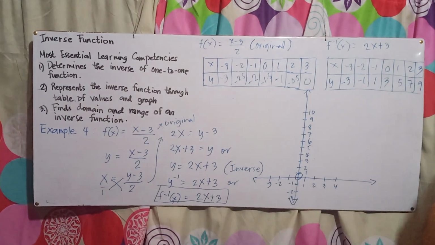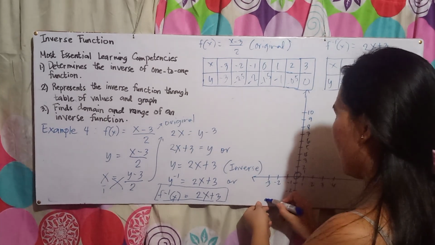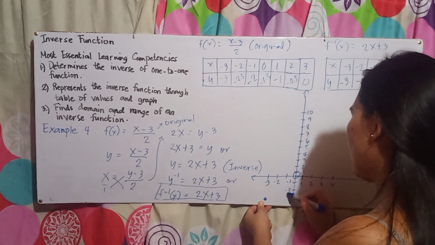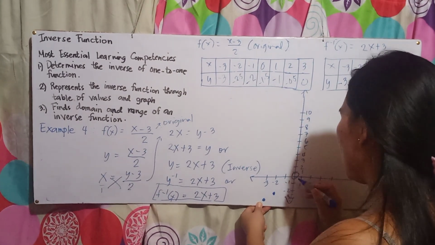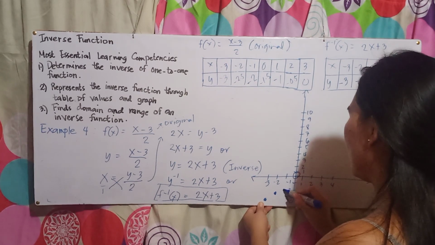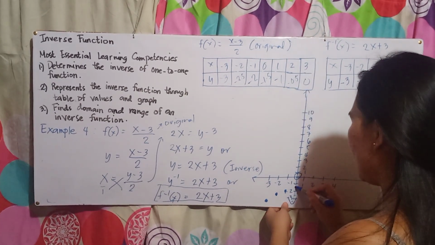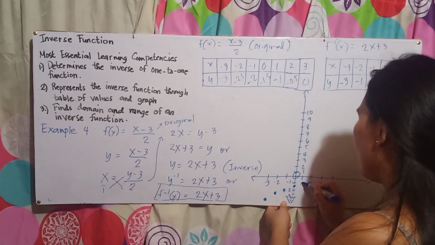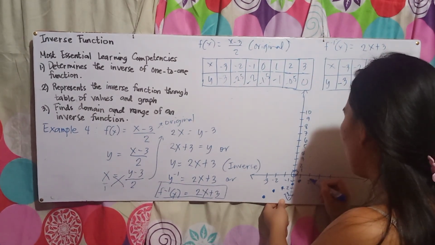Okay, so first is negative 3 and negative 3. Next, negative 2 and negative 2.5. Next, negative 1 and negative 2. Next, 0 and negative 1.5. 1 and negative 1. 2 and negative 0.5.